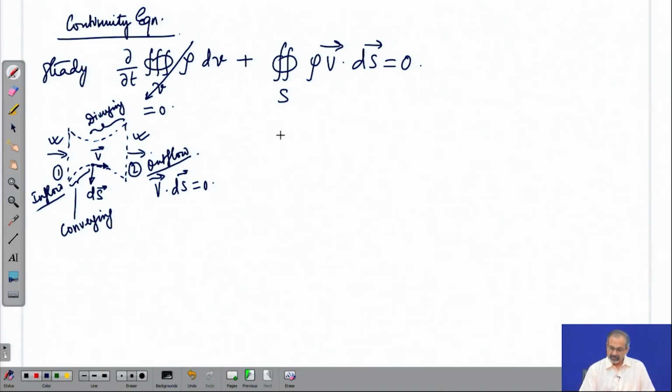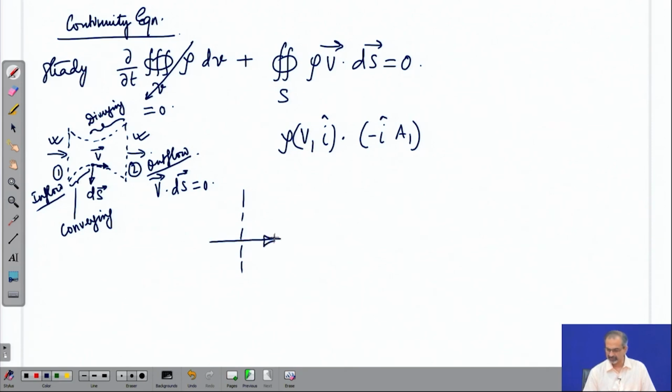So, in the inflow section, what happens is you have a rho V 1 i. So, V 1 i expresses the velocity in a vectorial sense and minus i A 1 is a surface vector, because at the inflow the velocity points inside, the surface vector points out, and therefore, since it is pointing towards the negative x direction, you have a minus i associated with it.